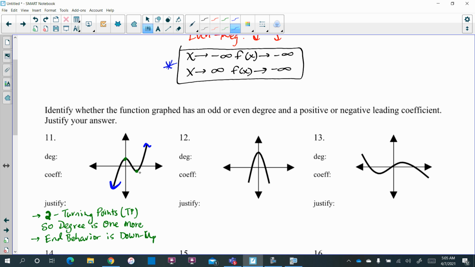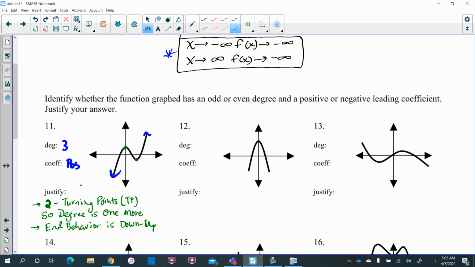Because I have 2 turning points here, the degree is always 1 more, so this would be a degree of 3. And because it's down, up, it's positive. The way I determined it, I looked at the turning points to check my degree, and then I looked at the end behavior.